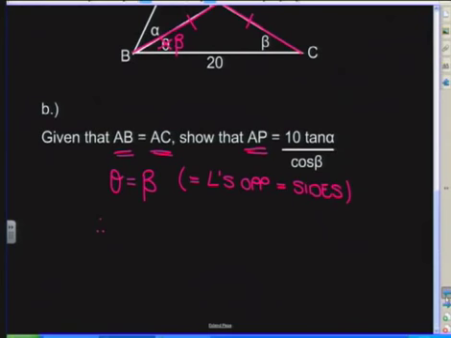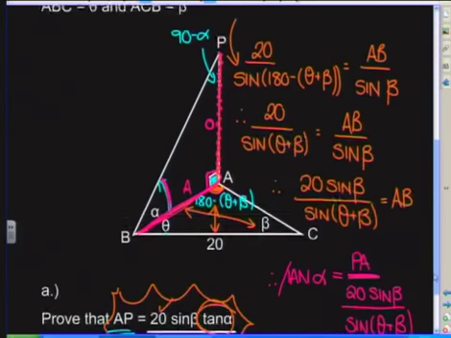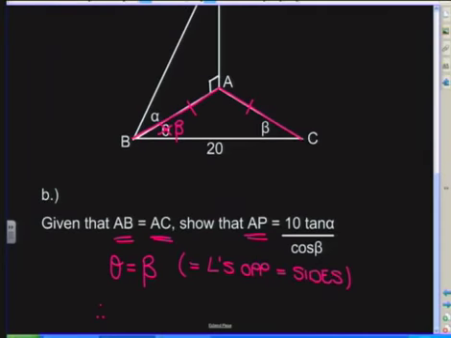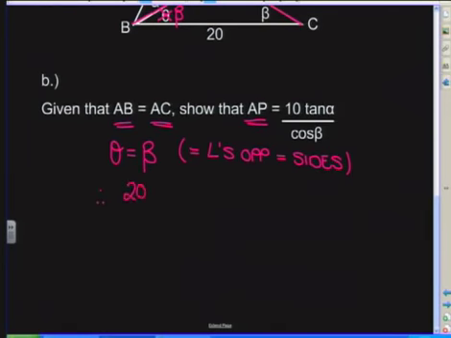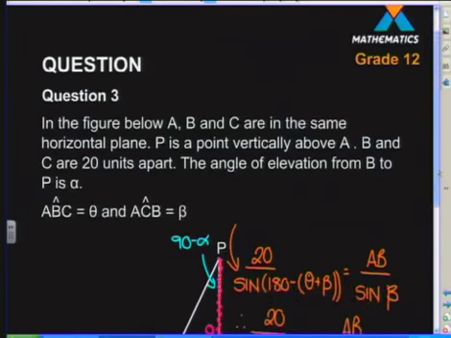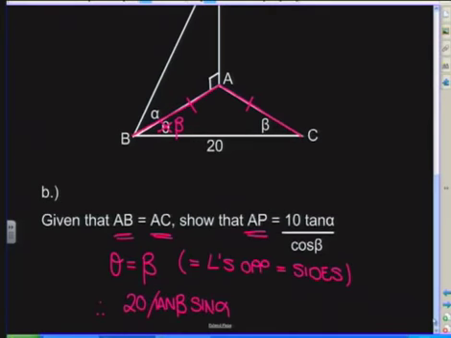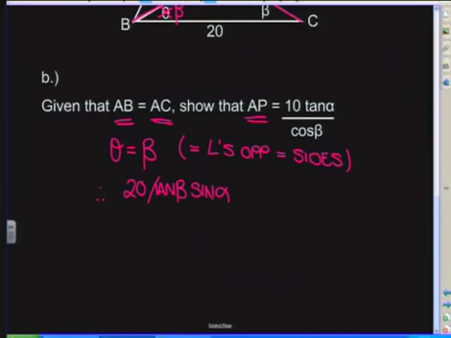I'm going to go back for a second to my previous page, and let's take what we've just proven. So it was 20 tan beta sine alpha over sine of theta plus beta.